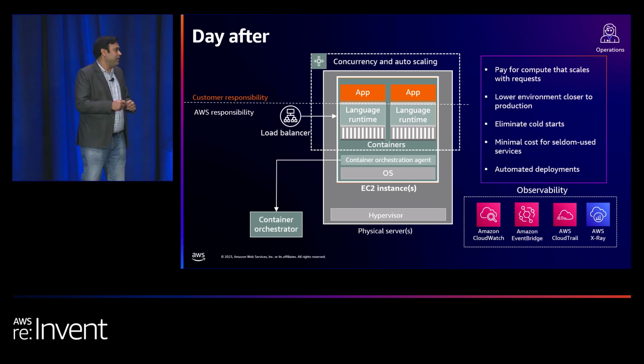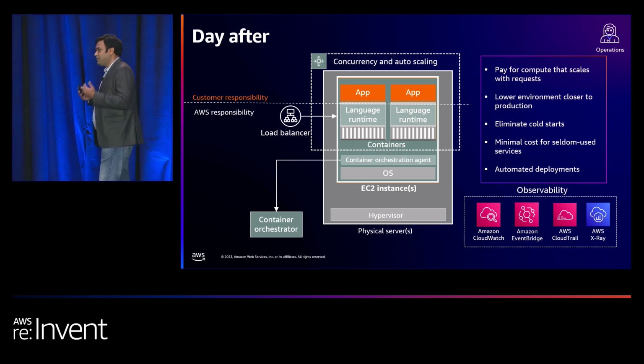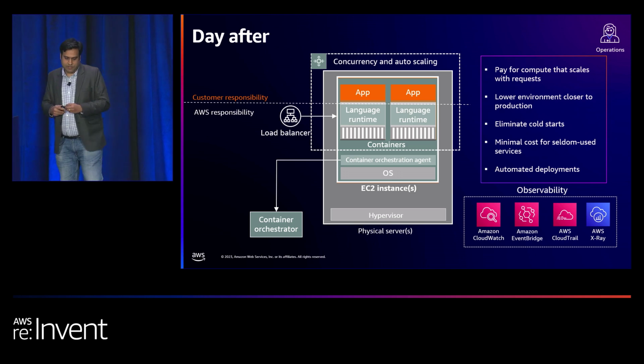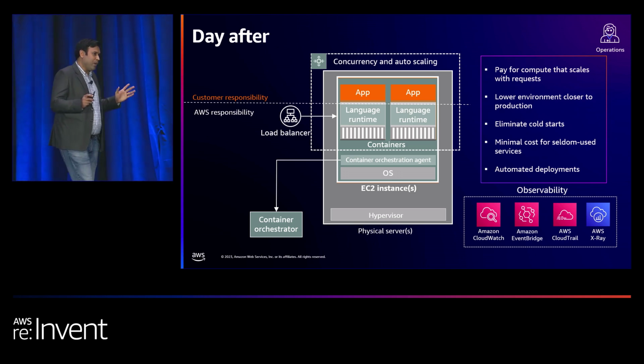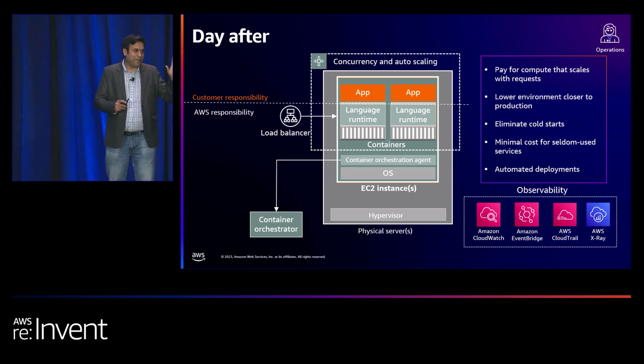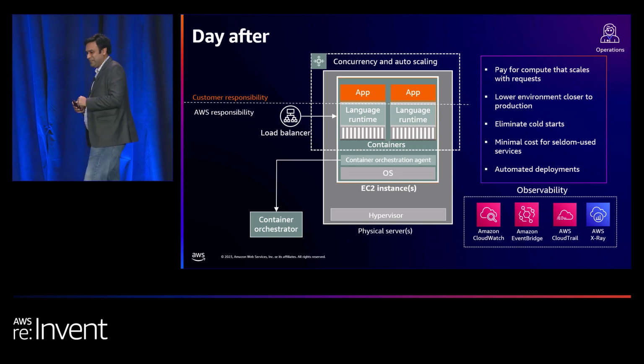From an observability perspective, App Runner provides you the observability suite of tools to integrate with other AWS services, like Amazon CloudWatch. I know that I asked the question on CloudTrail. How many of you are familiar with CloudWatch? Significant. Thank you.